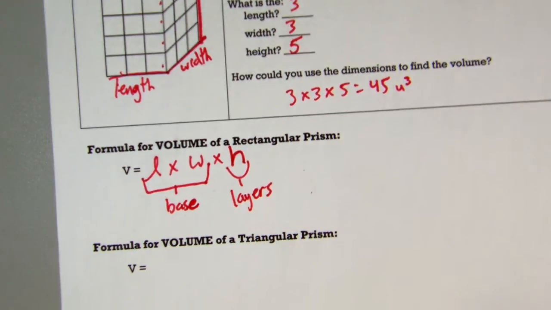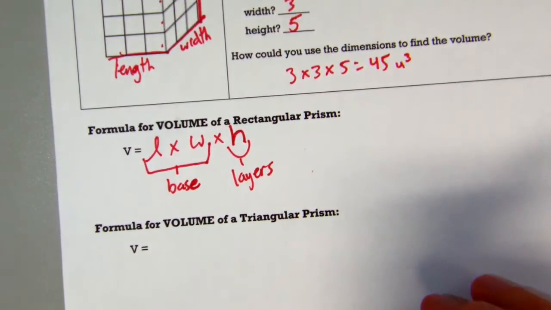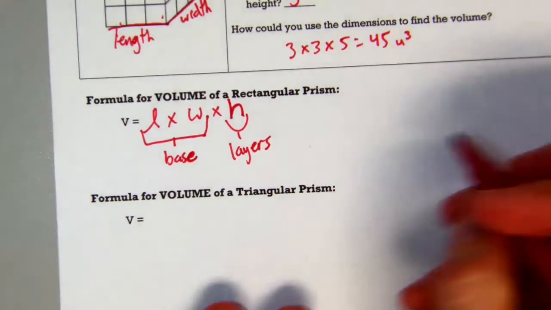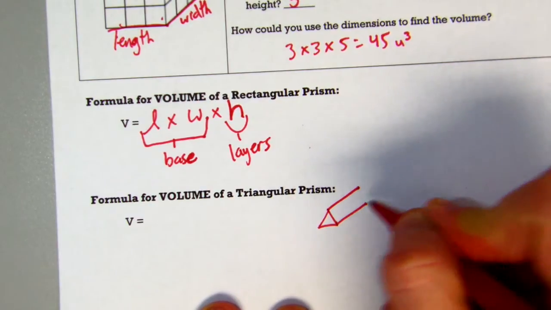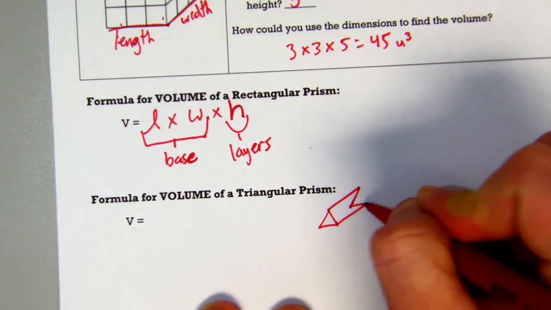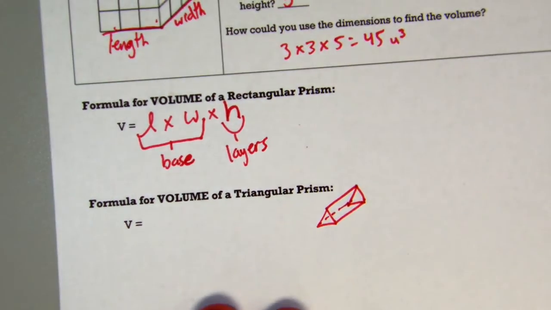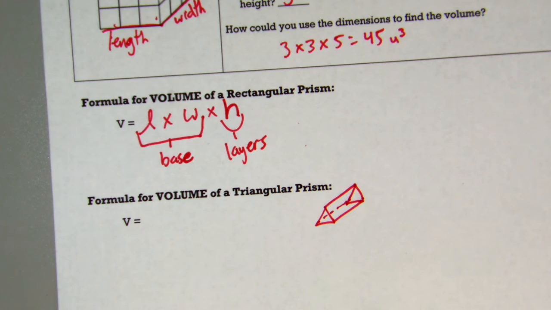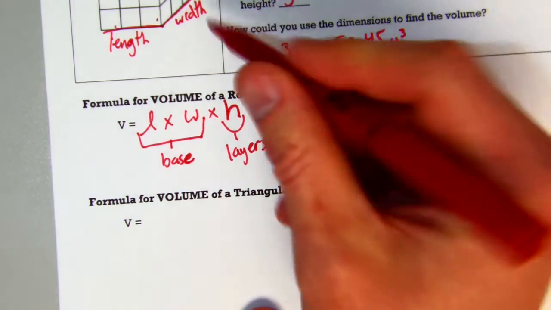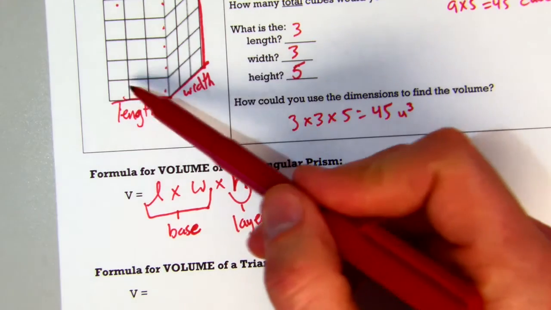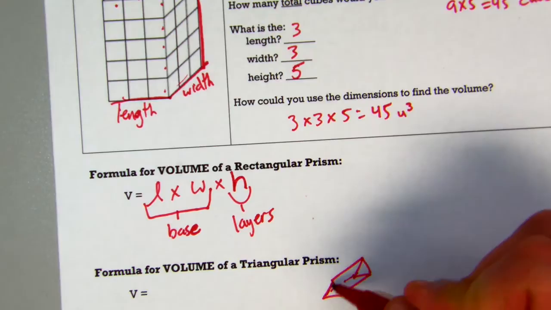Alright, and then the formula for the volume of our triangular prism. Here's our triangular prism. If we were to stand this up on its side, on the end, instead of having a rectangular or square base here, we would actually have a triangular base.